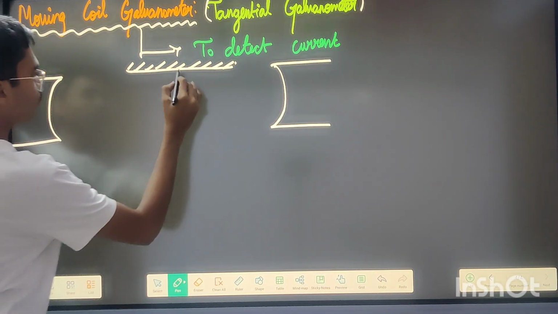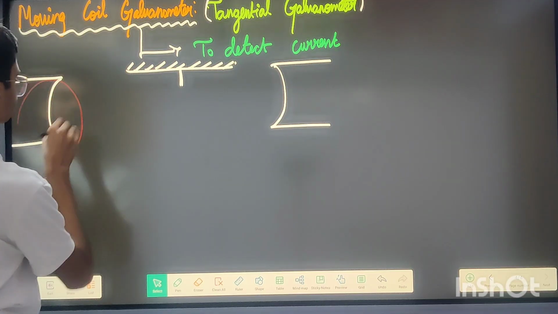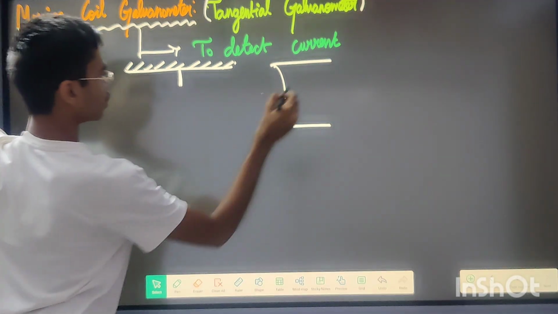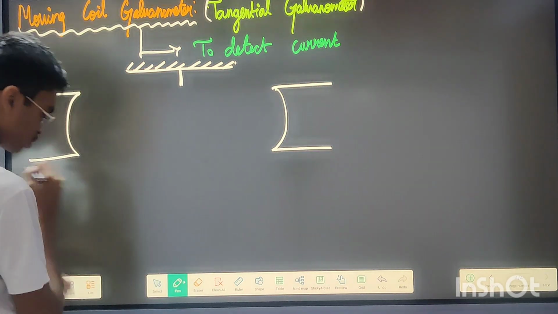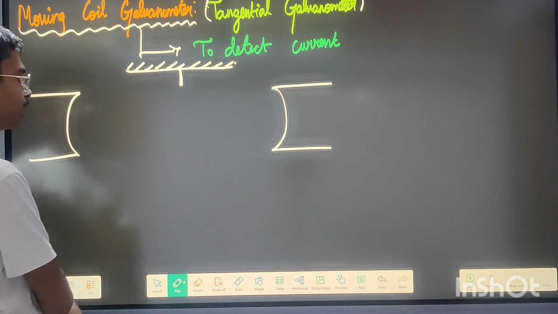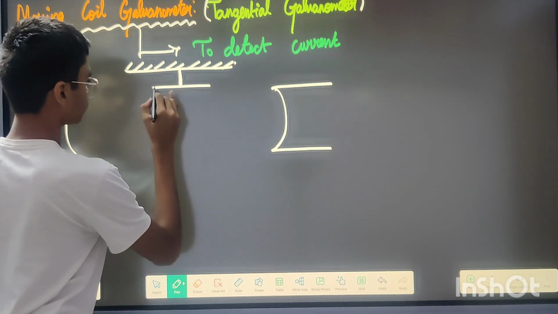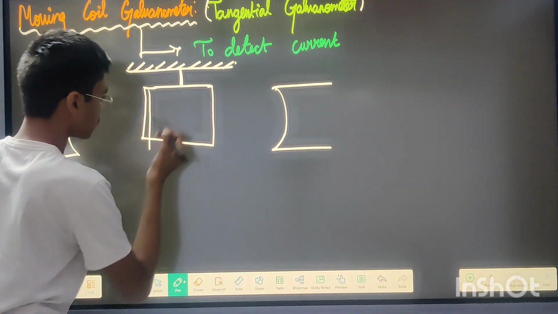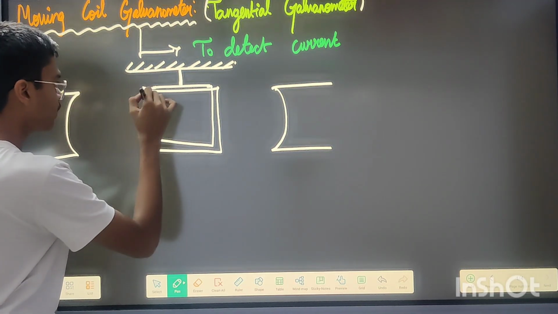Over here you can see one small wire, and also there will be a coil, successive coils.